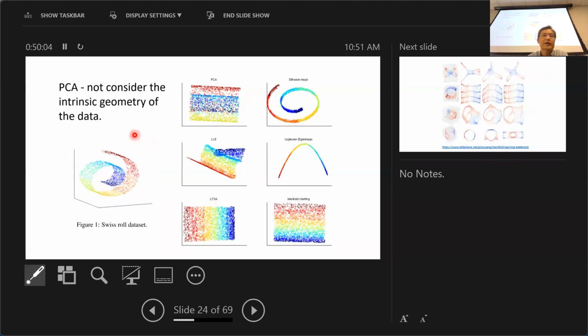Okay, so this graph compares the embedding algorithms and linear PCA applied onto this Swiss roll dataset. PCA will not be able to separate the data very clearly, and it's supposed to separate blue points from red points because they are in different locations in this Swiss roll structure.